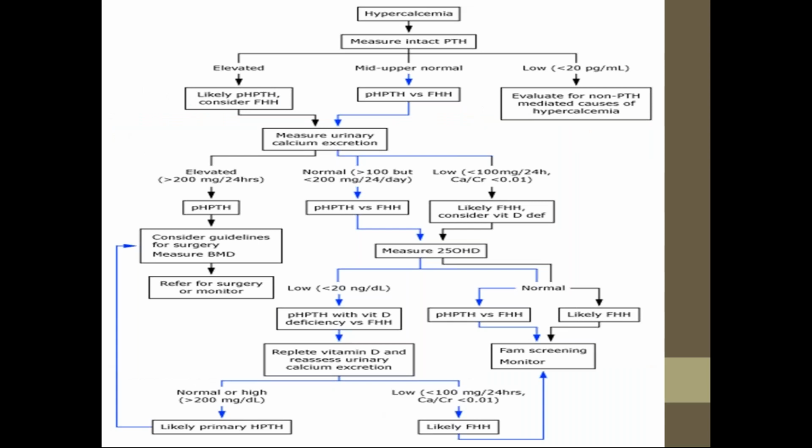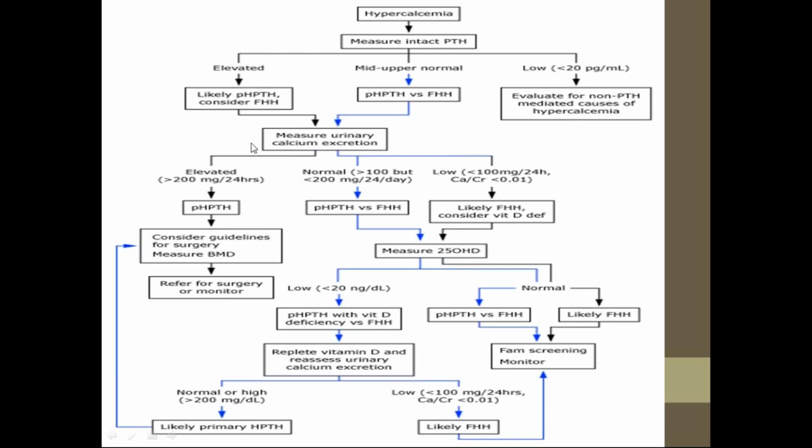This is the normal investigating procedure. When you see hypercalcemia, measure parathyroid hormone. If the parathyroid hormone levels are elevated, it is likely primary hyperparathyroidism; consider familial hyperparathyroidism. So measure urinary calcium.